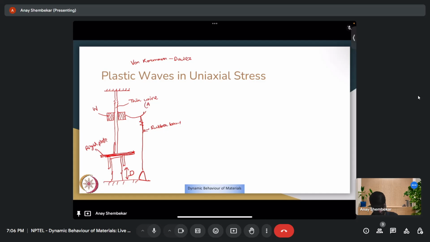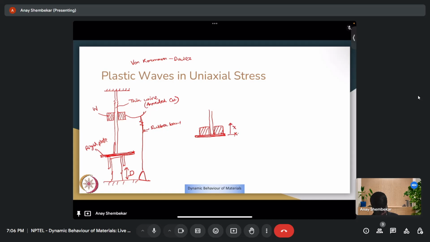Here we have the initial setup uses annealed copper as the thin wire, and when the weight falls down on the rigid plate, it imparts it with a velocity v1. So my rigid plate, this is the weight. This is my thin copper wire.